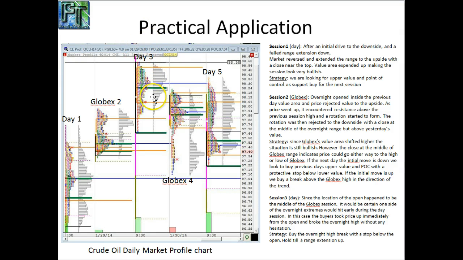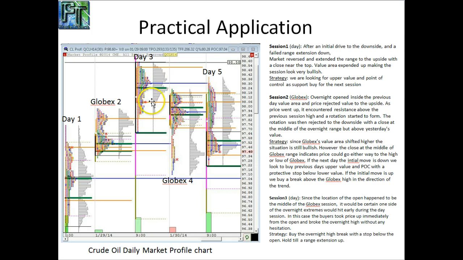Now when I come to day 3, I again see that my close, which is this asterisk, happened to be at the lower value area, and it happened to be below the point of control, and it happened to be below today's 50% range, all a little bit concerning.